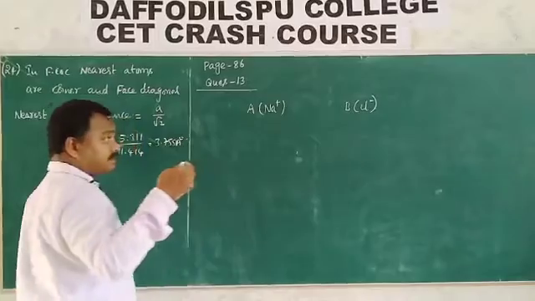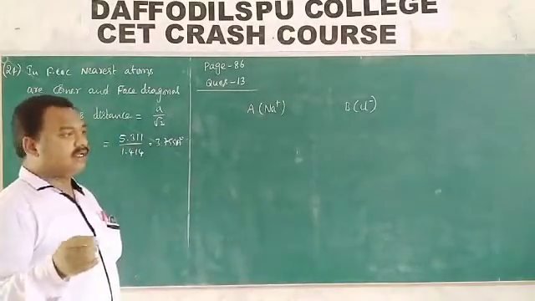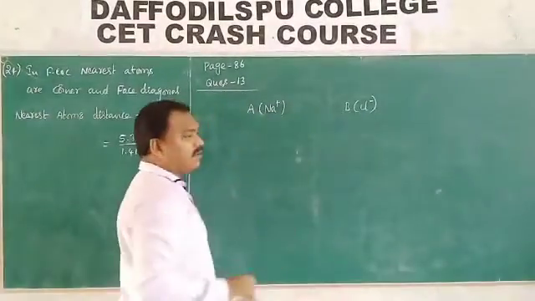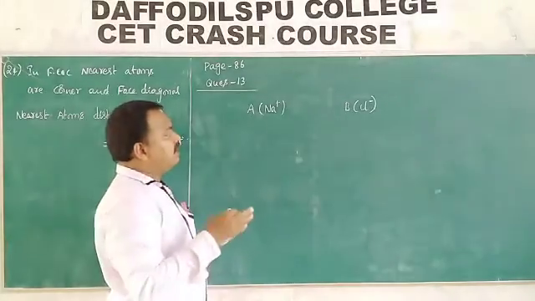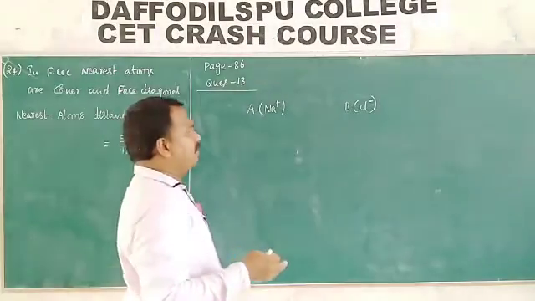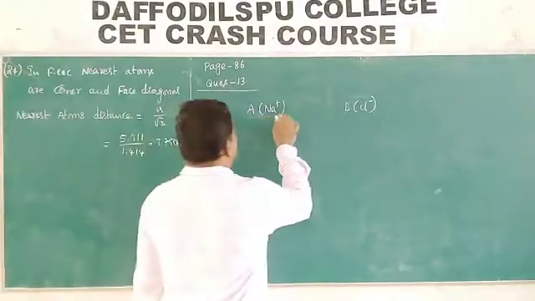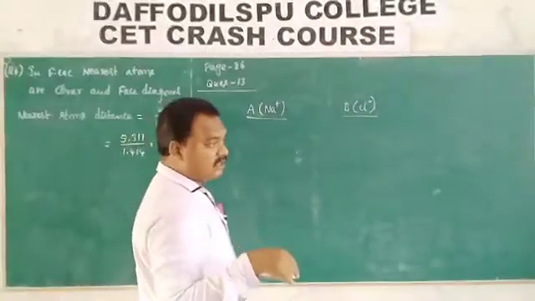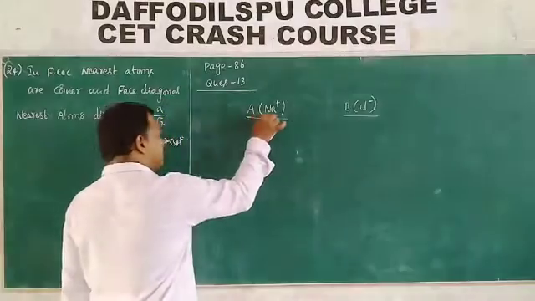I made a small mistake while reading the problem. I have not observed this NaCl type of structure. I simply read it as FCC. So if they give NaCl, then you have to remember where these Na plus ions are.